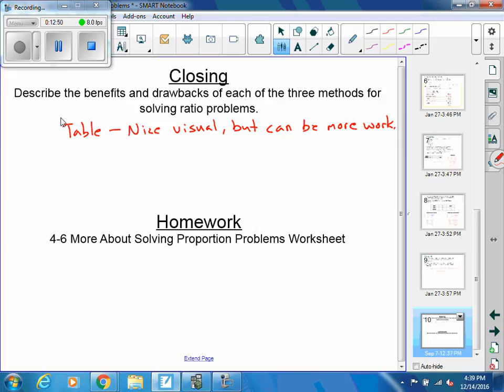Okay, and then if we look at an equation, okay, that it's quicker, but it's also easy to make a mistake.